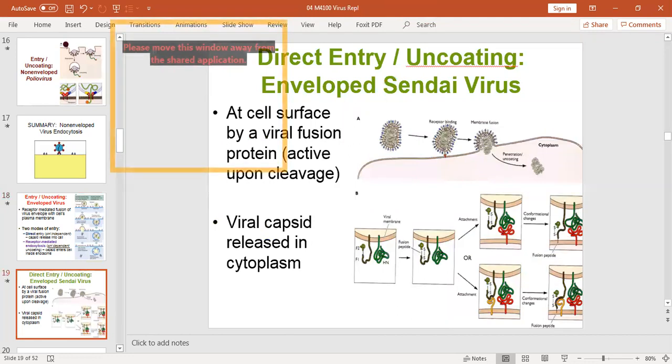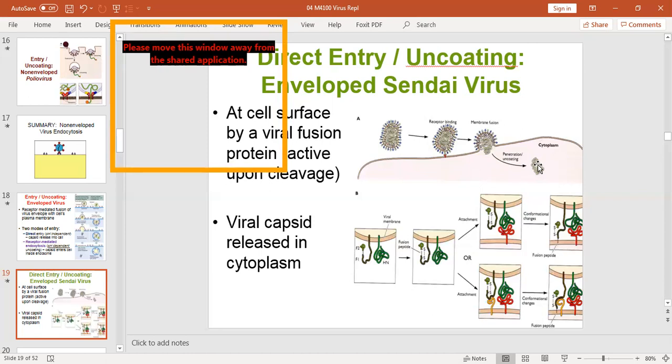Slide number 19. The direct entry and uncoating of an enveloped virus such as Sendai virus. So the virus will bind to a very specific receptor at the cell surface, and this will result in the fusion of viral envelope and host cell plasma membrane through which the viral genome will be released into the host cell cytoplasm.